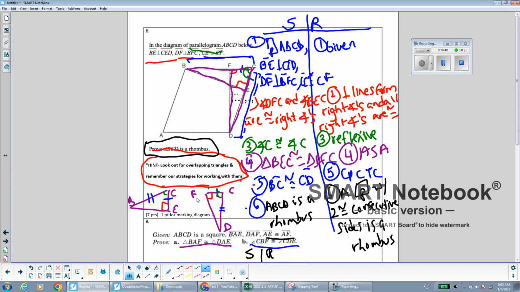Make sure to draw them separately. It takes 2 seconds to draw them separately, and it makes it a whole lot clearer what is going on in those triangles. Otherwise, a lot of people identified that they were working with these 2 triangles, and they didn't realize that CF and CE were actually sides of those triangles, and they were trying to use addition once again to make the sides bigger when they did not have to.